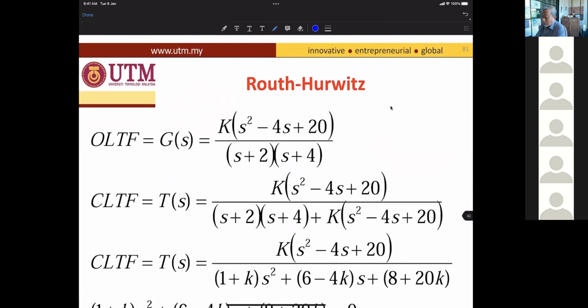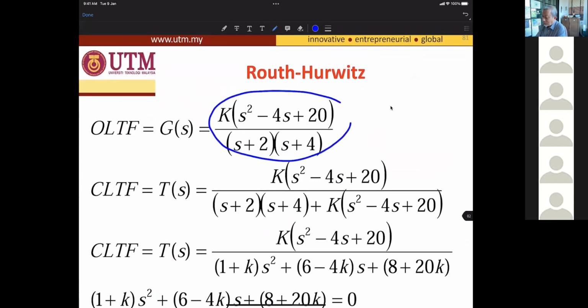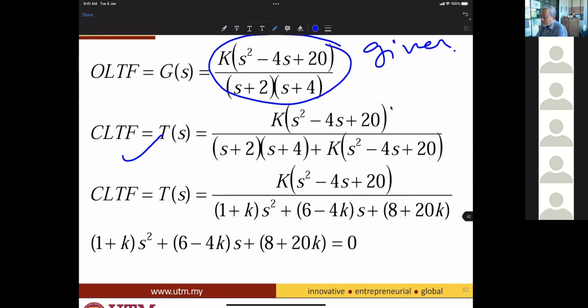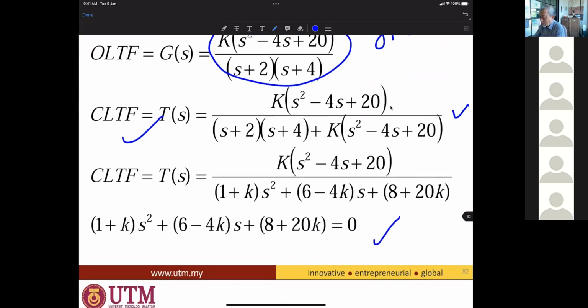Okay, right. So open loop transfer function. This open loop is given. So in the test and exam, you have to find the closed loop. Then find the characteristic equation here: 1 plus k, s squared, 6 minus 4k, s, plus 8 plus 20k.